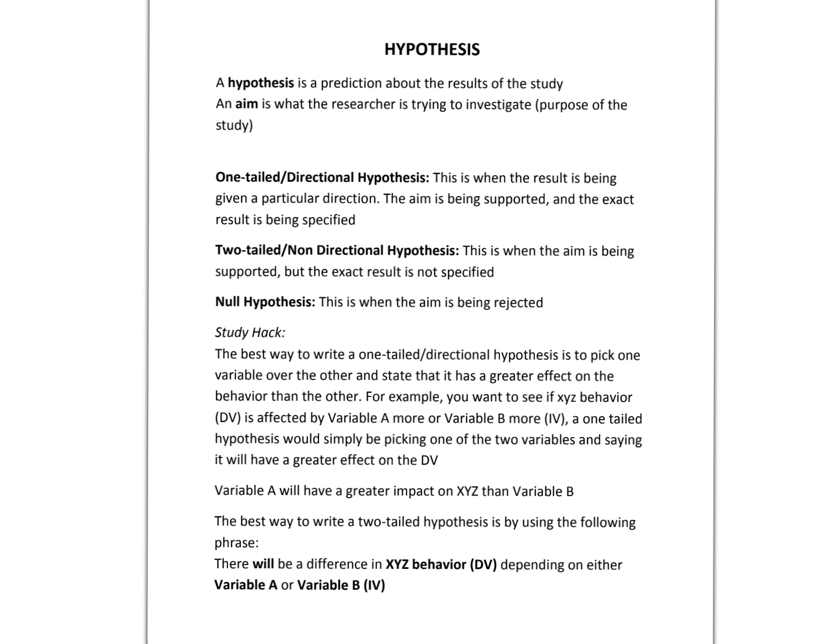I can simply say, studying from YouTube will allow students to get a better result compared to studying from the textbook. That's it. That's a one-tailed hypothesis. I can even say students who study from a textbook will get a better result than students who study from YouTube, right? So you can pick either one, it doesn't matter, as long as you are favoring one over the other, okay?